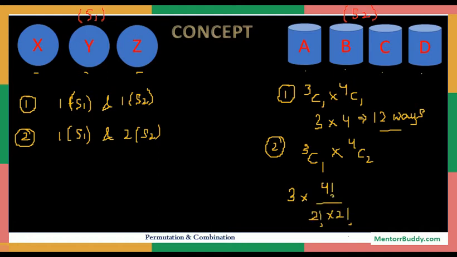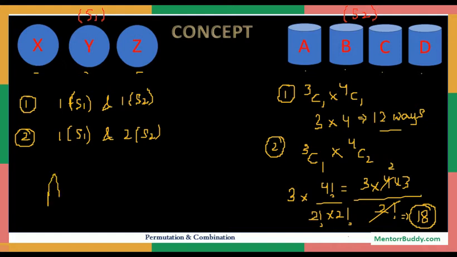Further this can be written as 3 into 4 into 3 upon 2 factorial; the 2 factorials cancel out, leaving 2. So 3 into 3 is 9, into 2 is 18 ways. So in 18 different ways I can select 1 from set 1 and 2 from set 2. This is the basic principle of selection.